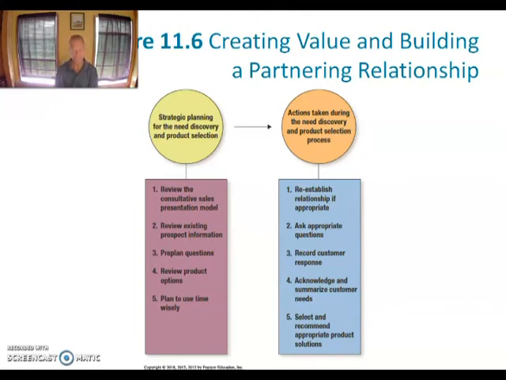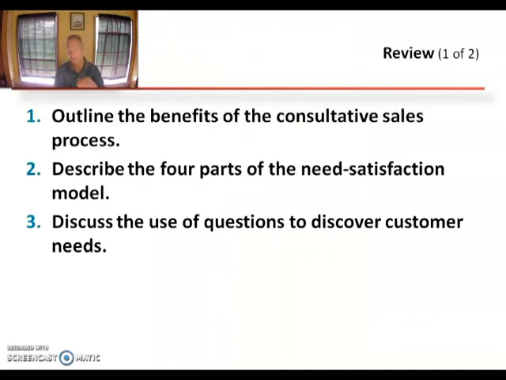And then establishing relationships, asking appropriate questions, and acknowledging and summarizing the customer's needs is all about the portion when you're in front of the customer. So the long and the short here is each sales call that you make should take a lot of pre-planning so that you're going to know what you're going to do during that sales call.